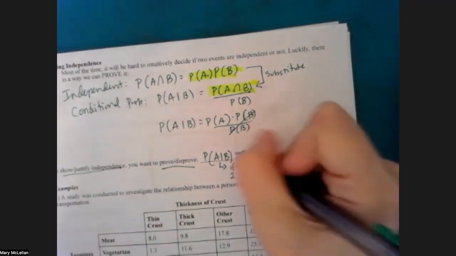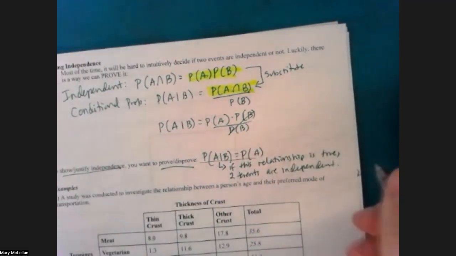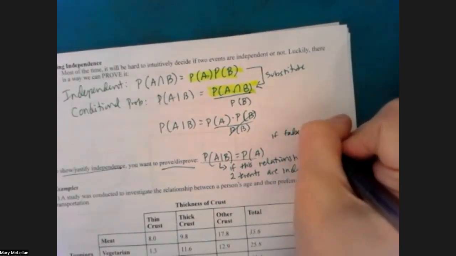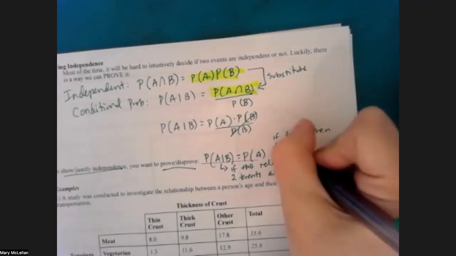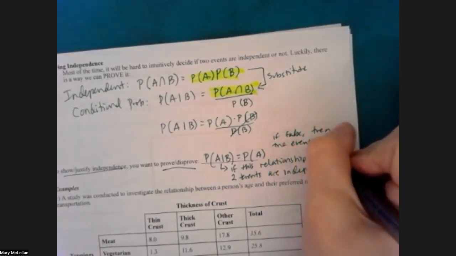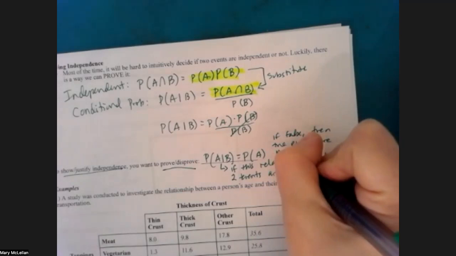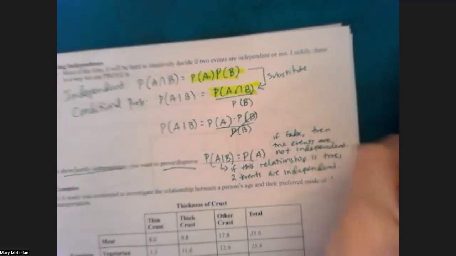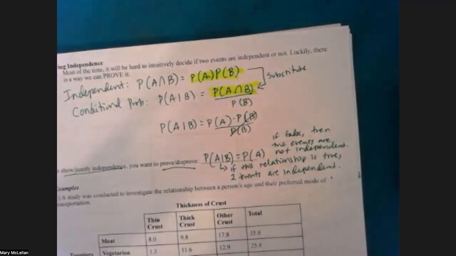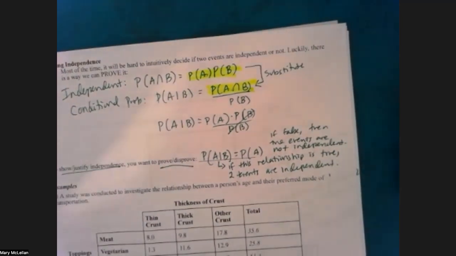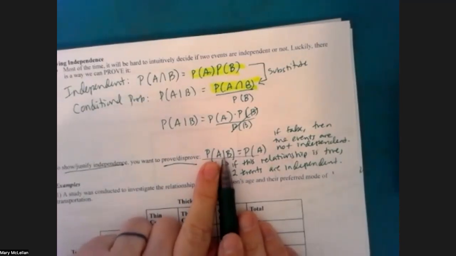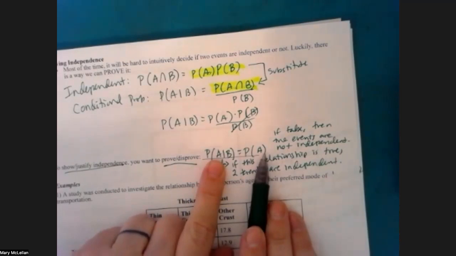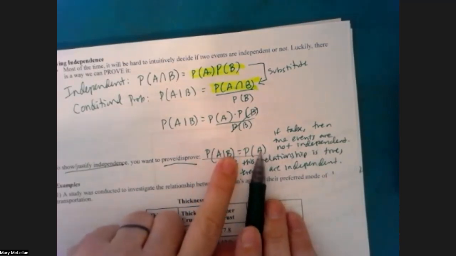If this relationship is false, then the events are not independent. So everything depends on the truth value of this equation, which kind of makes sense. If A and B are independent, you would assume that A given B is the same as A, because knowing B shouldn't impact anything about A.